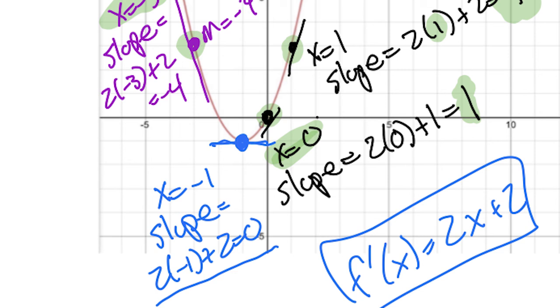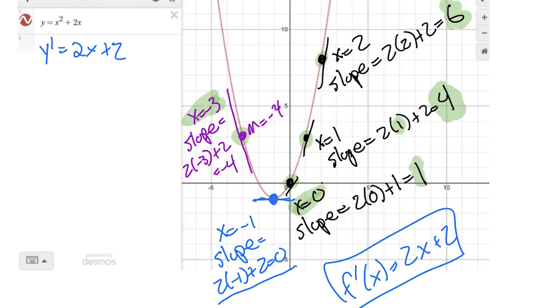And the slope there is 0. It's flat at the bottom. If I then plug in x equals 0, it tells me that the slope is 1, which it is. If I plug in x equals 1, I get out a slope of 4. At 2, that little formula tells me 2 times 2 plus 2 is 6.